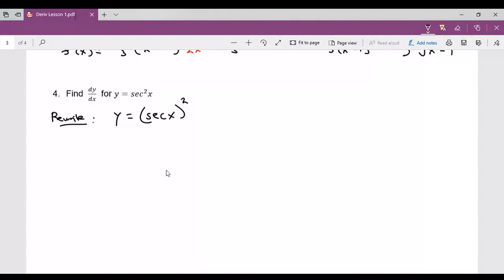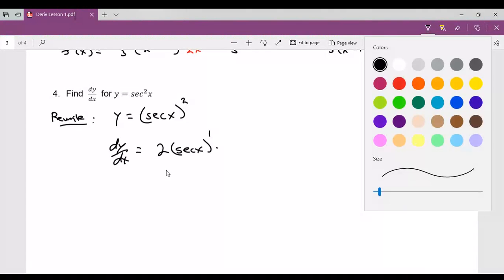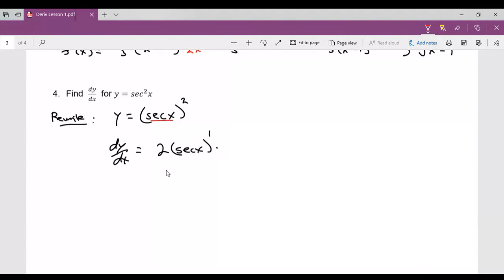So now how do I view this? I view this as stuff squared. This time I won't actually show you the whole thing in my brain. I'll just do it. What is the derivative of stuff squared? Well, it's going to be 2 times stuff to the 1 and then times, that's where the chain rule comes in, the derivative of stuff. Well, remember, this was stuff.